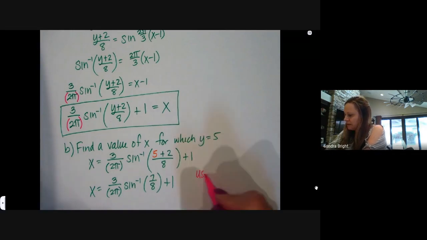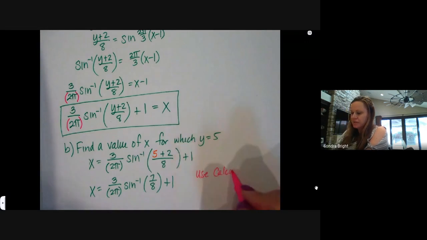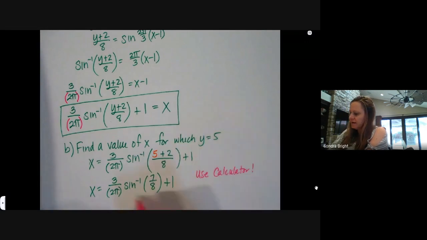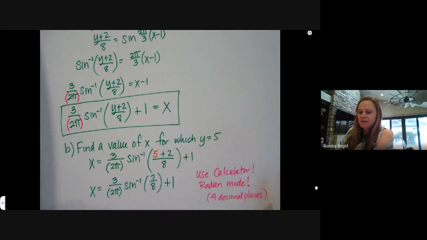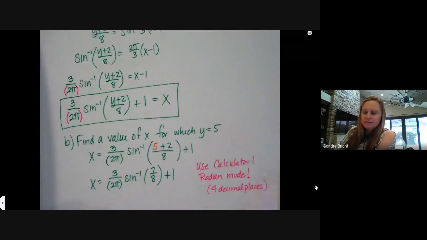To find inverse sine of 7 over 8, you need to make sure, I saw no degree symbols, that you're in radian mode. And then for radians, we're going to go to 4 decimal places. If it's radians, we'll give 4 decimal places, and if it's degrees, then we'll give 2 decimal places. I don't know who decided that. Somebody a long time ago, apparently.